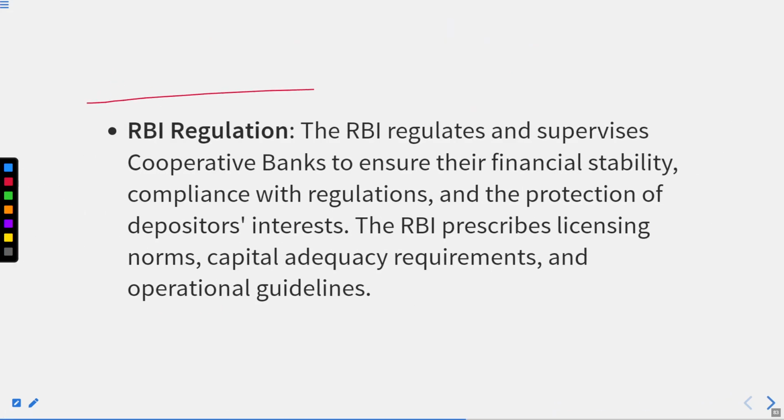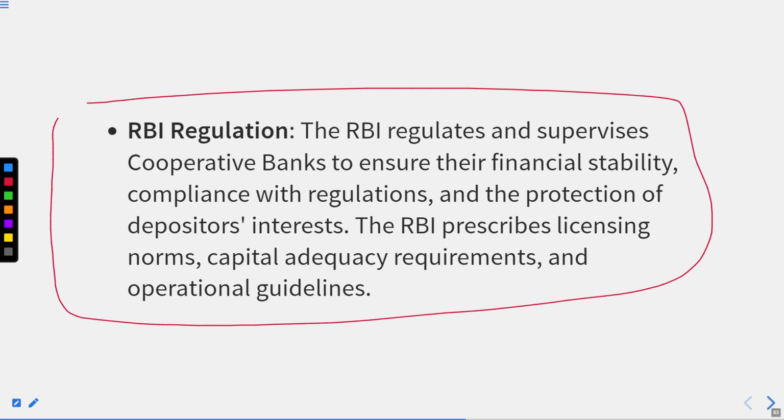if we move forward, we will find out the RBI regulations. Okay, RBI regulates and supervises cooperative banks to ensure their financial stability, compliance with the regulation, and protection of the depositors' interest. Okay, RBI prescribes licensing norms, capital adequacy requirements, and operation guidelines.